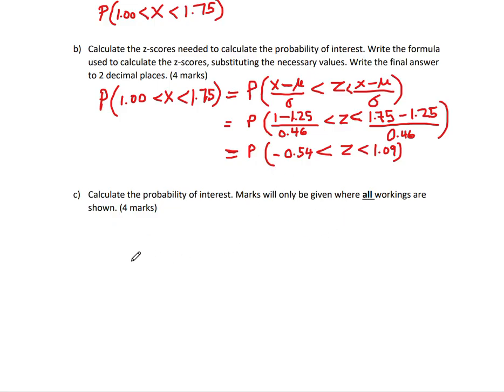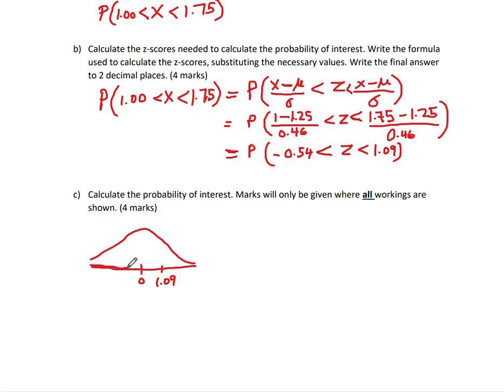And what we're going to do here is draw a standard normal curve, which would basically show our area of interest. We have 1.09, which is our upper limit, on the right of 0, because the center of the standard normal curve has a value of 0.